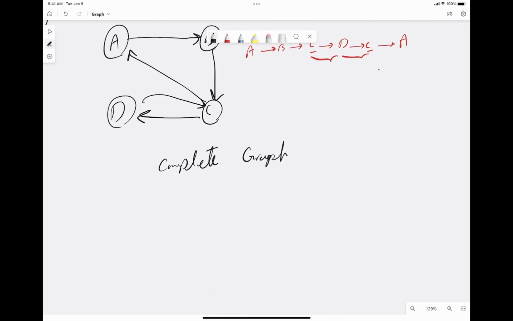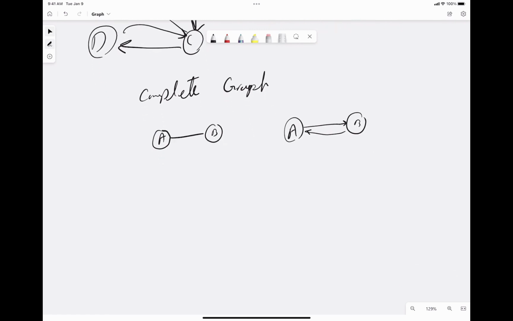So here is a complete graph with only two vertices. Here's an example of an undirected one, where A is connected to B and B is also connected to A. For a directed one, we can have A and B, where A is connected to B, and B is also connected to A. So that's for both directed and undirected.